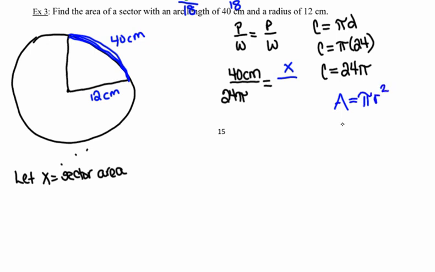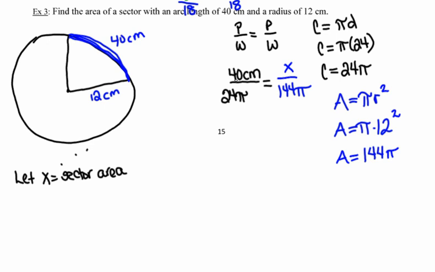But I've done this a few times now, and I feel like I'm getting pretty good at it. So the entire area of the circle, 144 pi. So I'm going to go ahead and cross multiply.